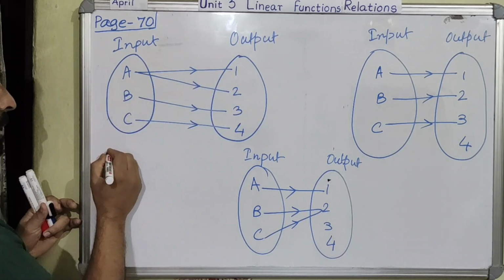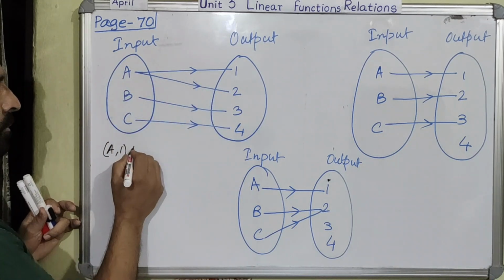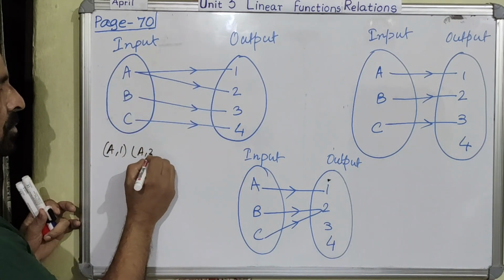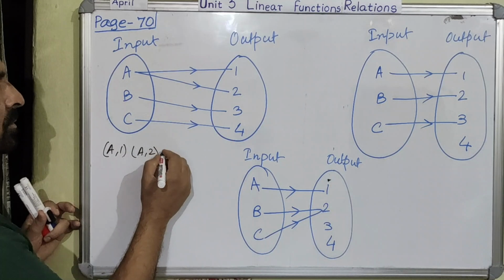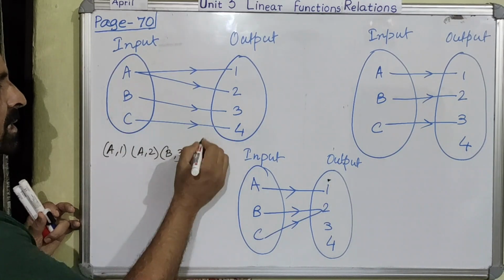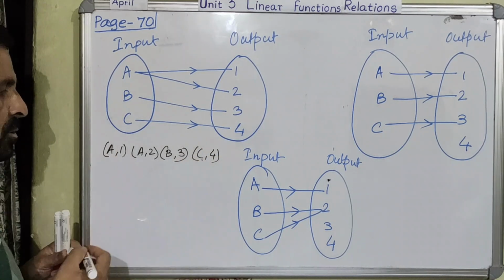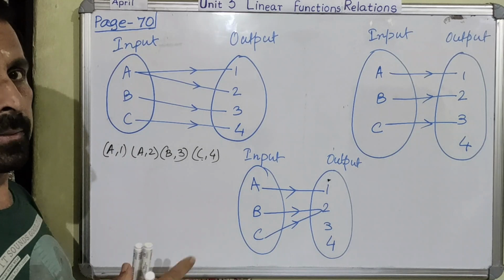A to 1, A to 2, then B to 3, then C to 4. Once you write it in this form, you can look at the first element.